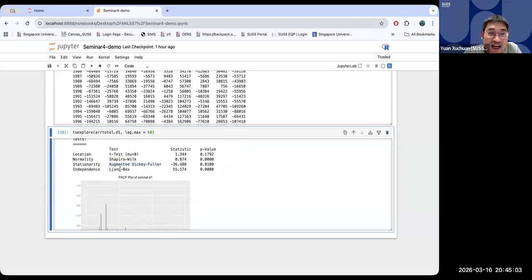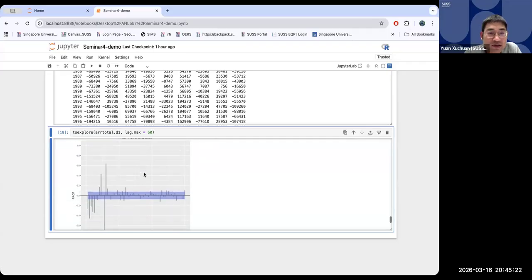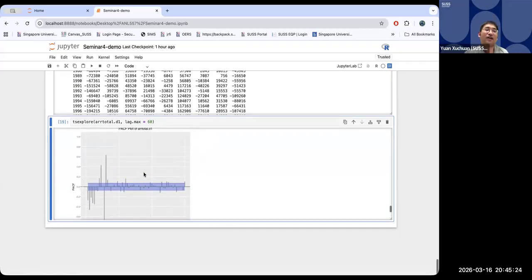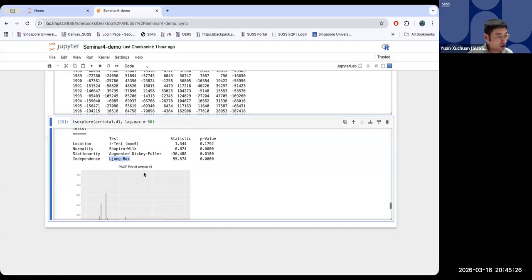For Ljung-Box, you reject the null hypothesis, so they are not independent. The residuals not being independent means you can consider they have correlation, so you will perform an AR, MA, or even ARMA model on the residuals. All right, so this is the first order difference.